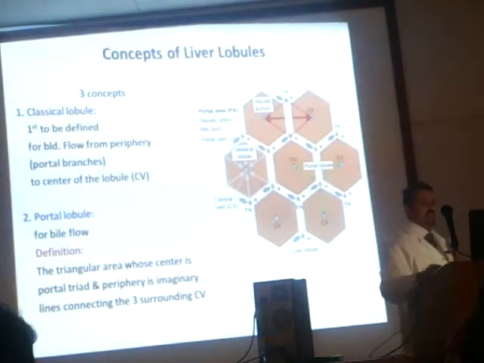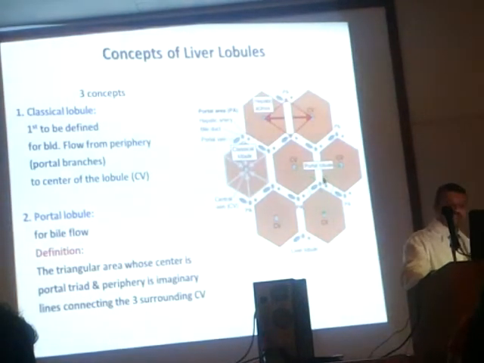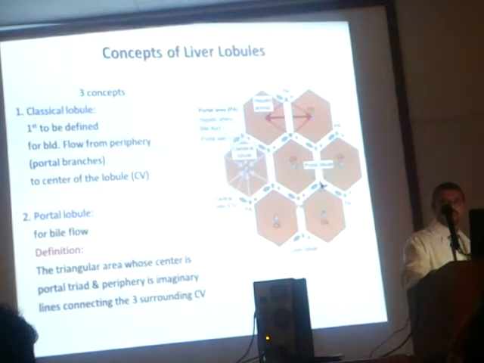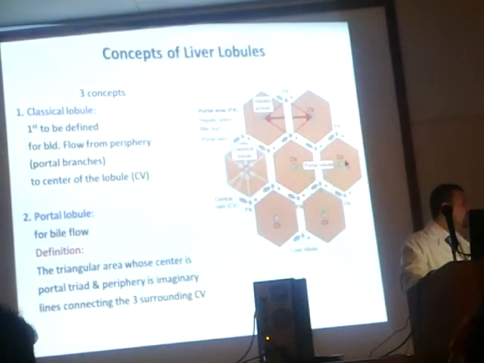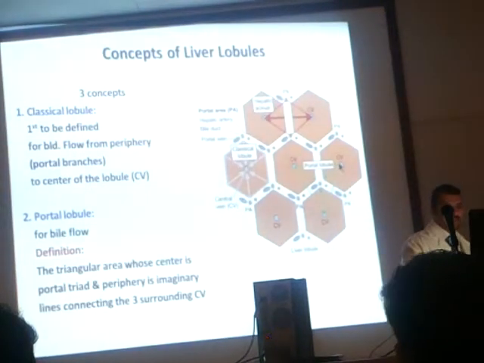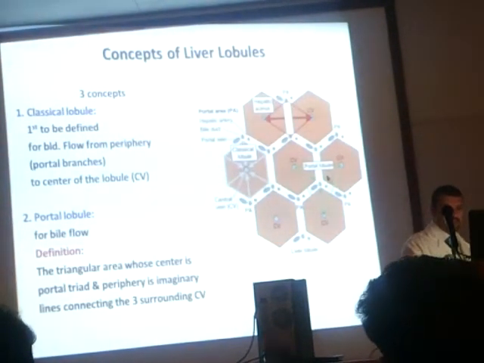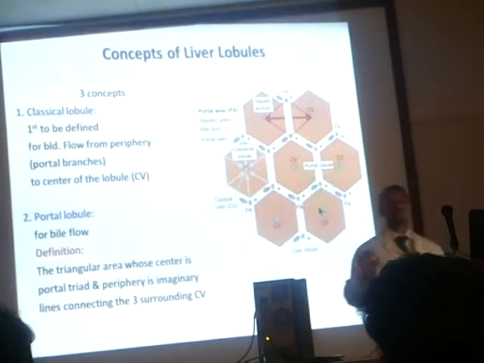So they agreed that the center would be the bile duct, the portal triad, and the periphery would be 3 lines joining the adjacent central veins. Okay? So the bile now can be explained, draining from the central vein into where? The portal triad or the bile duct. Okay? So this lobule, they call it the portal lobule.